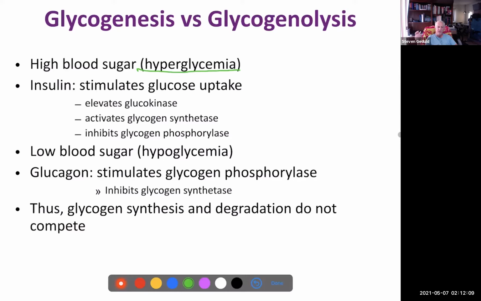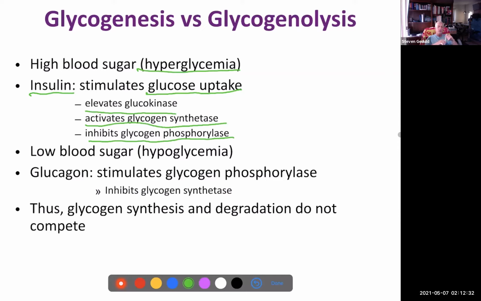Insulin stimulates glucose uptake. Insulin causes glucose to be taken out of the bloodstream and put into glycogen. It elevates glucokinase, activates glycogen synthase, and inhibits glycogen phosphorylase.